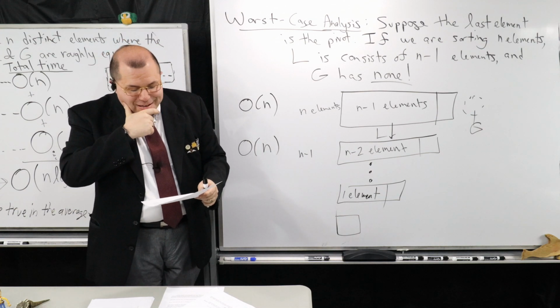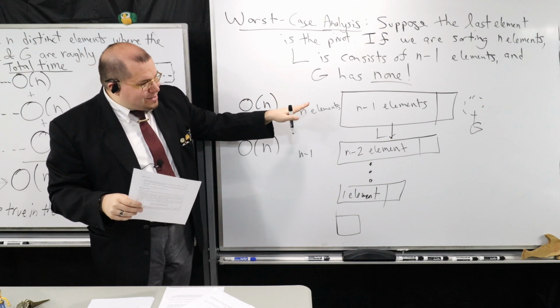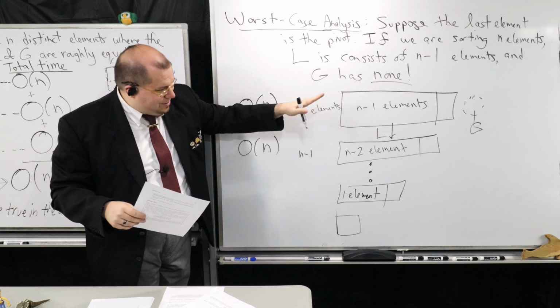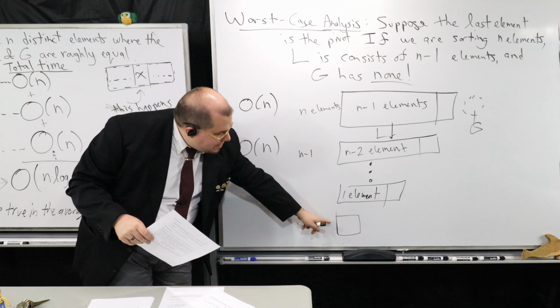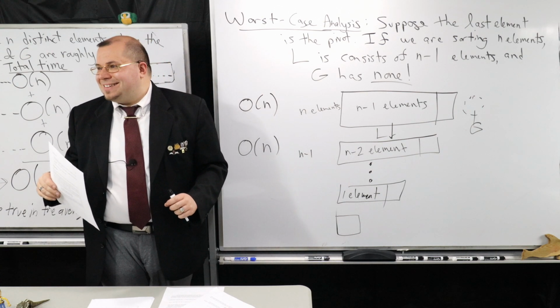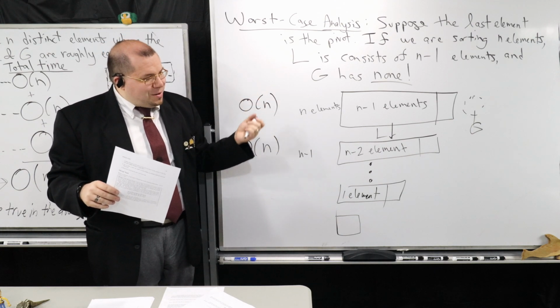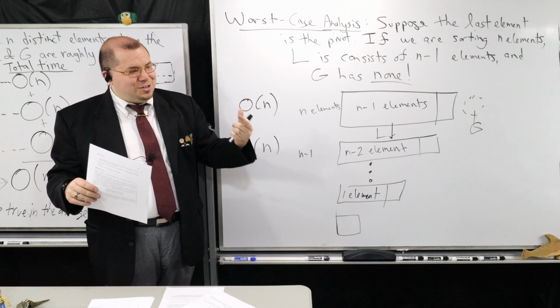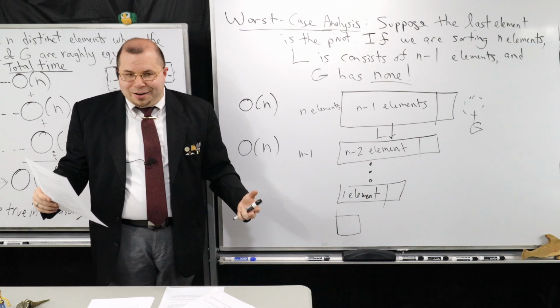So, question. If I'm performing this, notice that this happens n times, right? Notice I go n minus 1, n minus 2, all the way down until this is 1. So if you look at this, you say, okay, how many elements are in each one of these? Well, it's 1, 2, 3, 4, 5, 6, 7, all the way up to n, right?